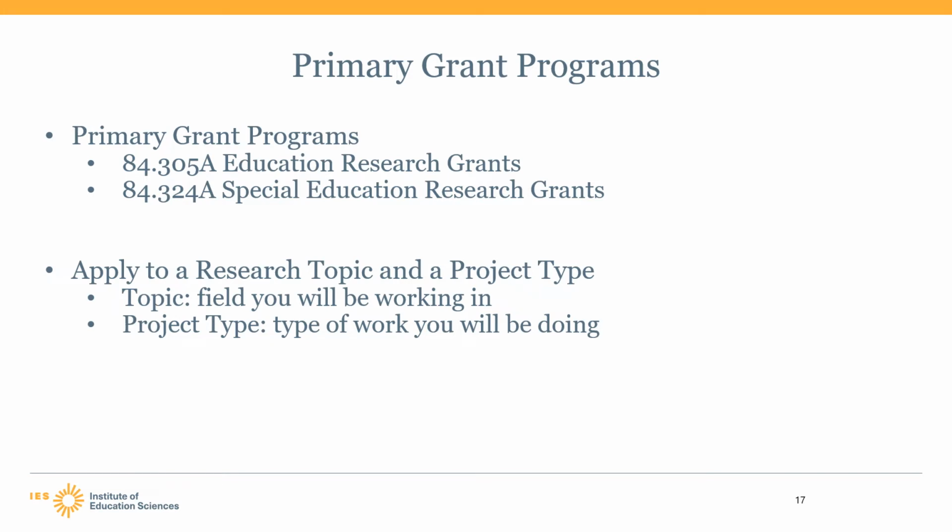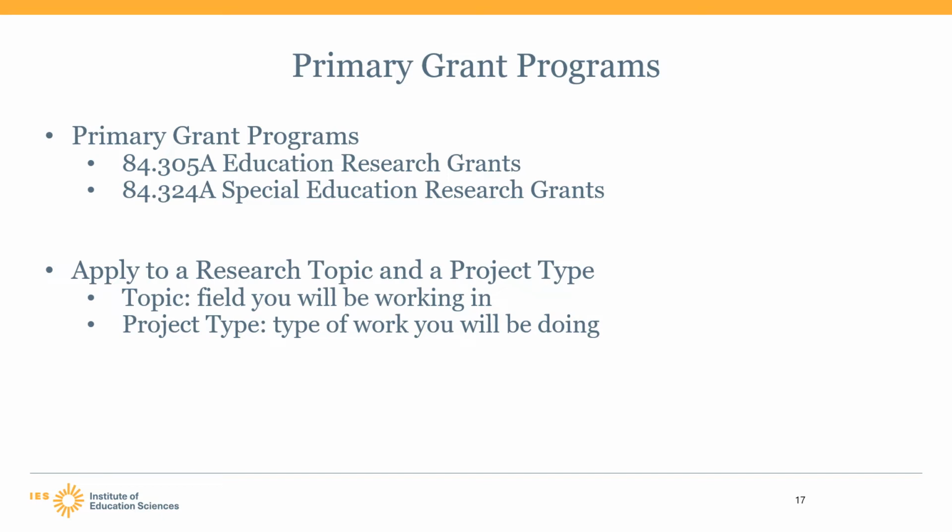These are our education research grants and our special education research grants. We recommend that all applicants familiarize yourselves with the requirements and recommendations of either 305A or 324A, even if you intend to apply to another program.